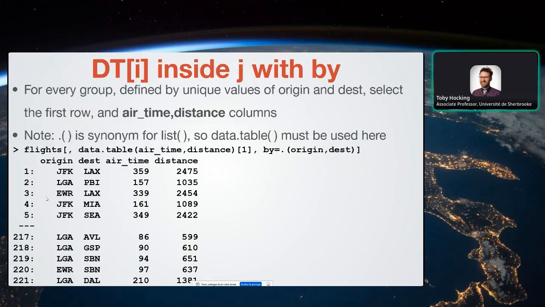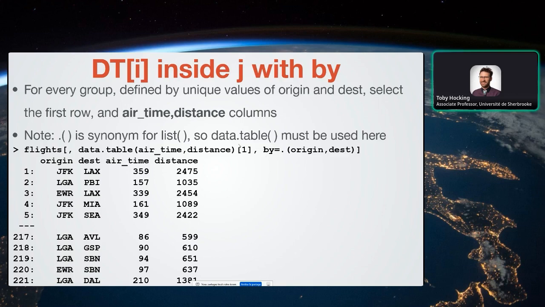You can also use .SD inside of j with by, which is often very useful. For example, here for every group, which we define using unique values of origin and destination, we're going to select the first row and the air_time and distance columns.